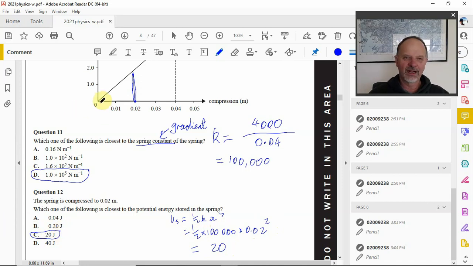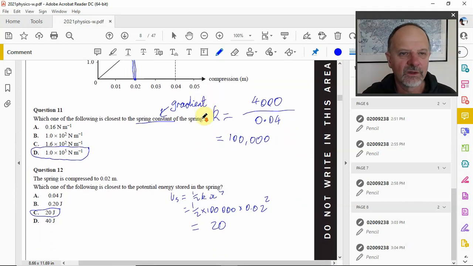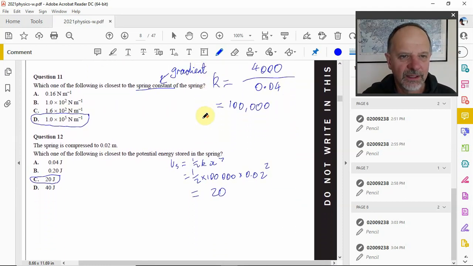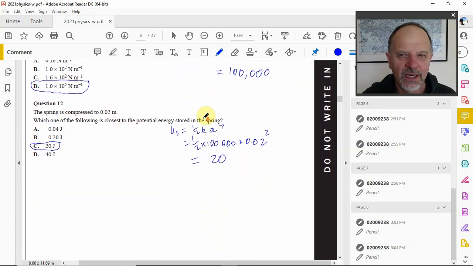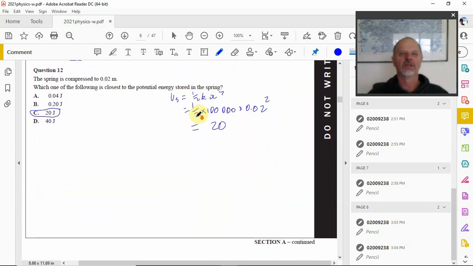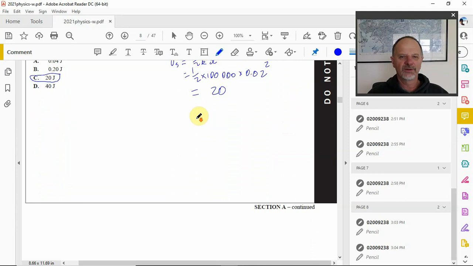And if you did half base times height here, you would get the same. But again, just point out that that height is not 2, but 2,000. All right, which one to use doesn't matter. All right, then question 13, a lucky question.